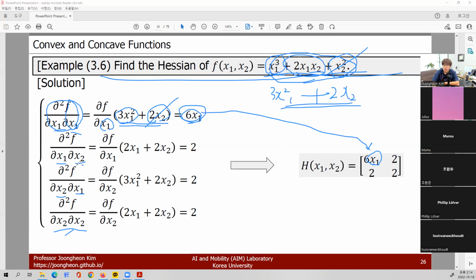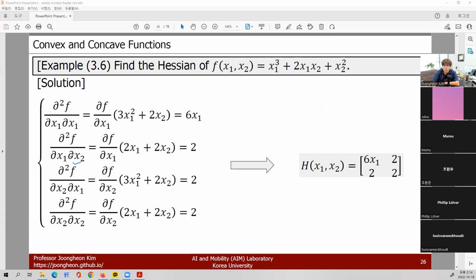And now you are doing the partial derivation with 2 first. So this term will be a constant, that's why it will disappear, and you only have 2x sub 1. This one will be considered as 2x sub 2.